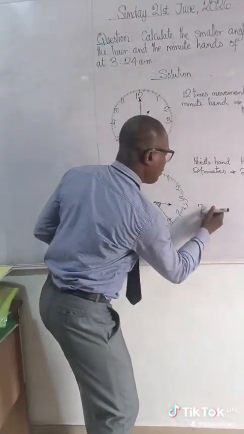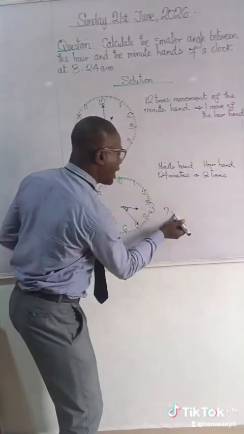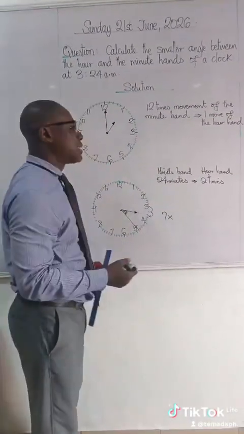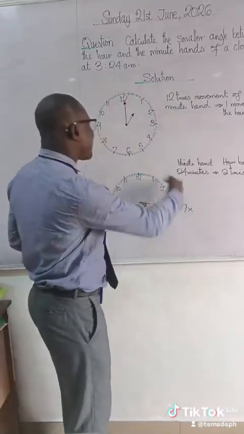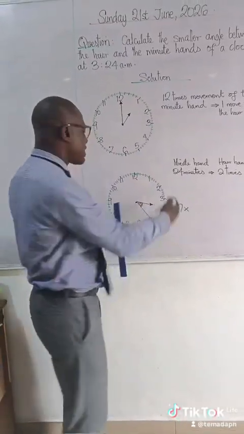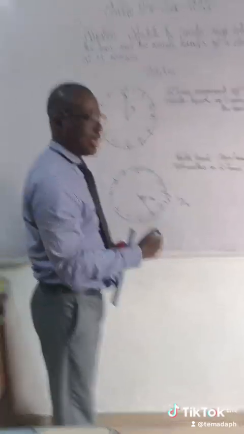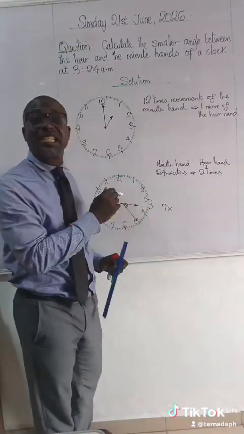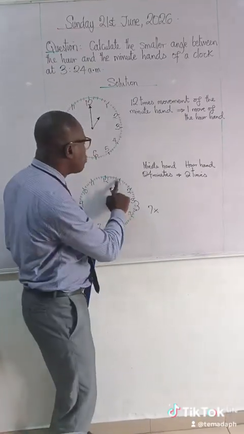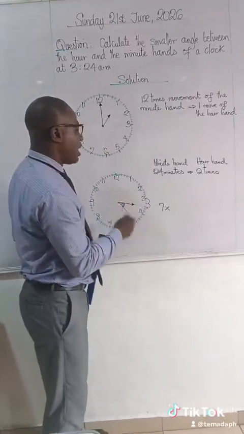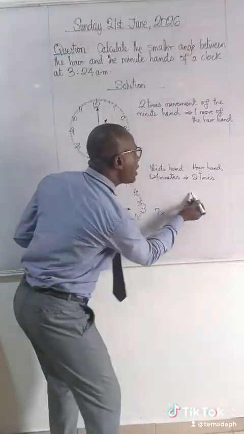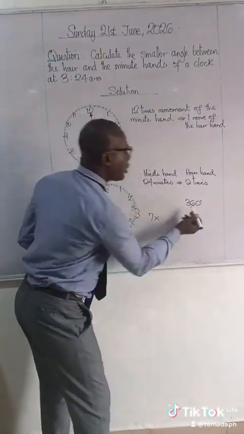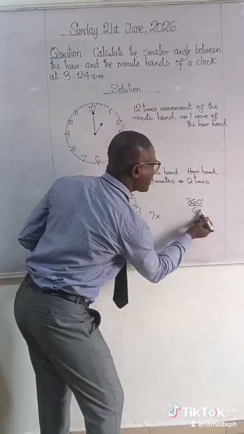So 7 vertical lines times, now what are we going to multiply with? Between the vertical lines, we have 60. Since we have 60 minutes, for the minute hand to go round, it has to move 60 times. And in a circle, we have 360 degrees. So we divide it by 60.